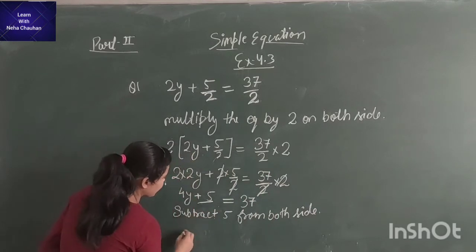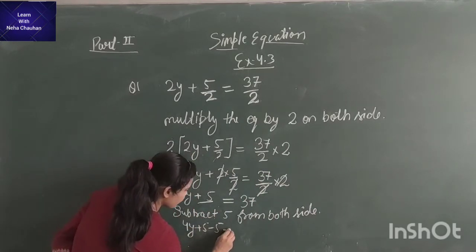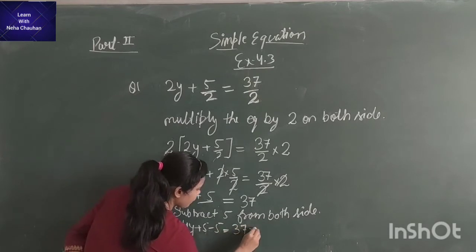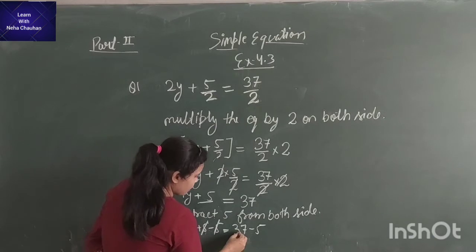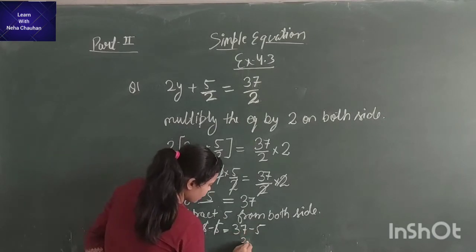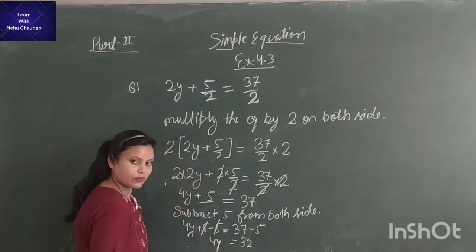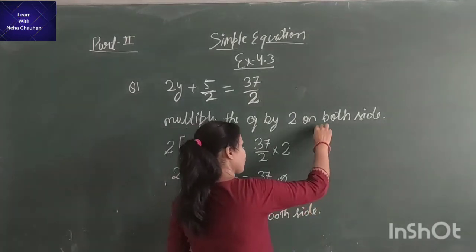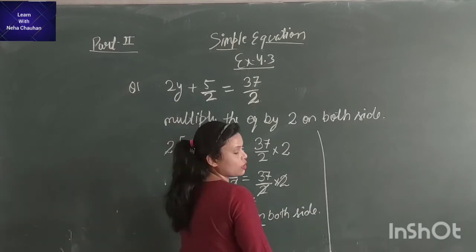On subtracting we will get 4y plus 5 minus 5 is equal to 37 minus 5. So 5 and 5 will be cancelled. 37 minus 5 will be 32, and here we get 4y. Now we have 4y is equal to 32.